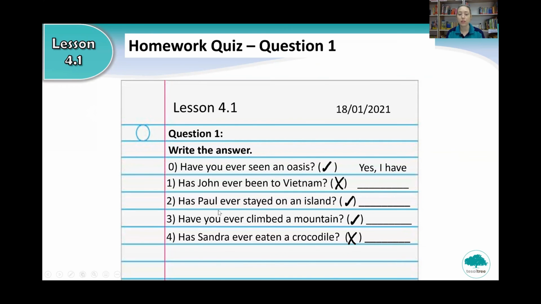And number 2, is Paul a boy or a girl? That's right. Paul is a boy. So we say he. And is Sandra a girl or a boy? That's right. Sandra is a girl. So we use she. Okay. So look at the tick or the cross to answer the question. Could be yes, I have. No, I haven't. Yes, she has. No, she hasn't, for example.